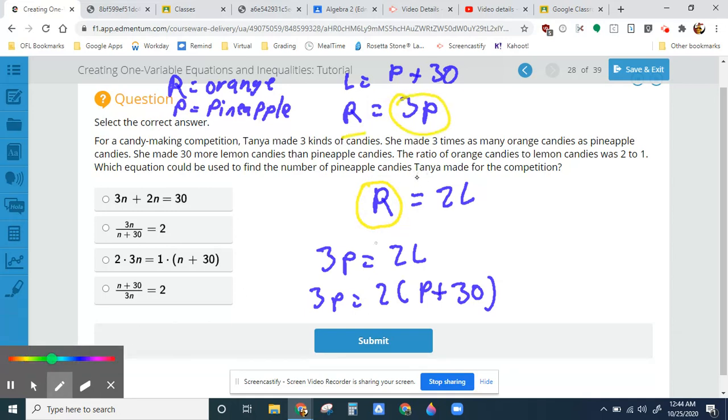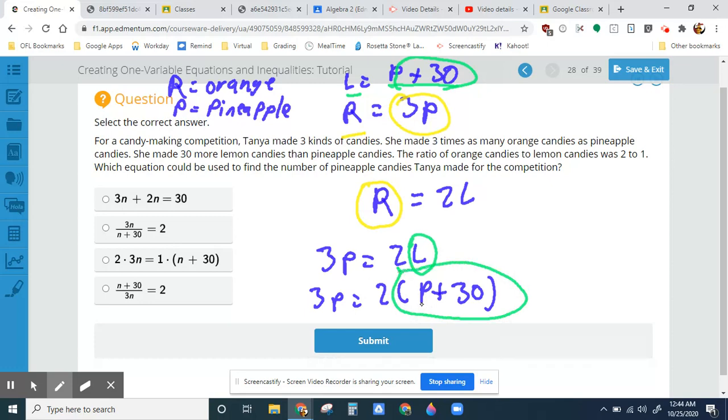Then from there, I took this L and replaced it with this here because they're equal. So that's why you see this right here. And that's why you're seeing this right here. Leave that on screen for a bit.